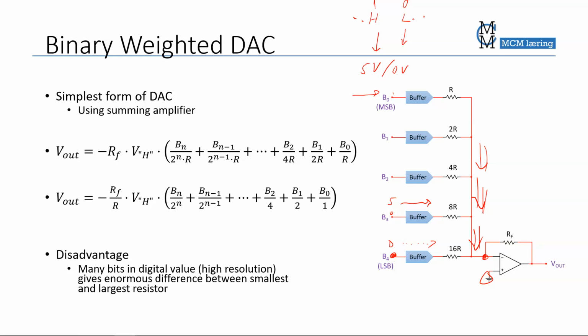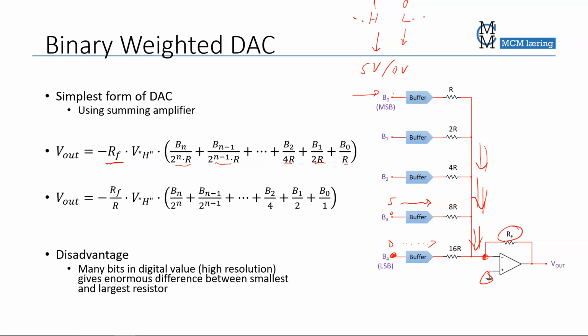So therefore the V out is based on the summing amplifier with a feedback resistor and the binary weighted resistors in the denominator of the equations. And that is the general equation for a summing amplifier, that was a part of the lecture series on amplifiers.